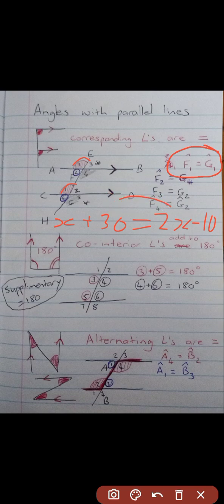When you want to take things over to the other side, I always suggest that here there are two x's on one side and only one x on the other. So take this x to that side so that you don't end up with a negative x. And then you take this 10 to that side.